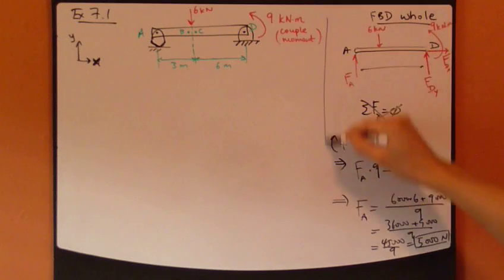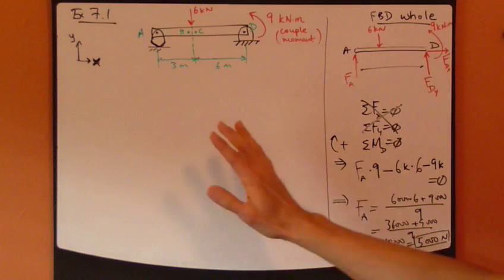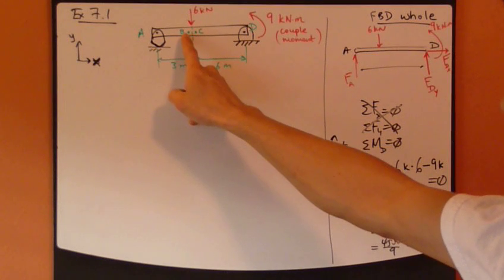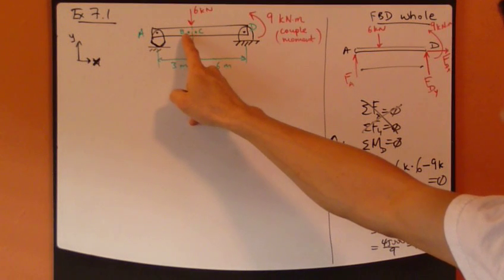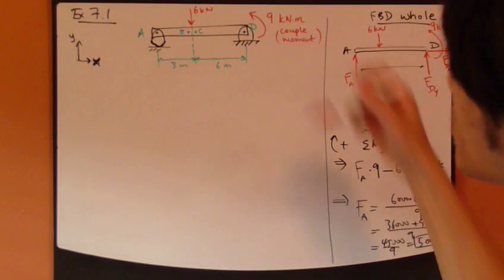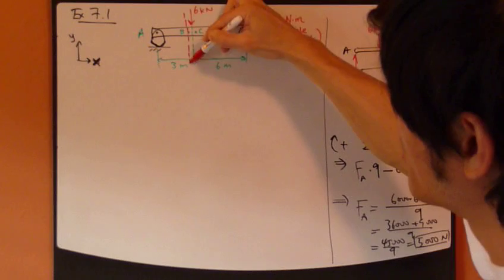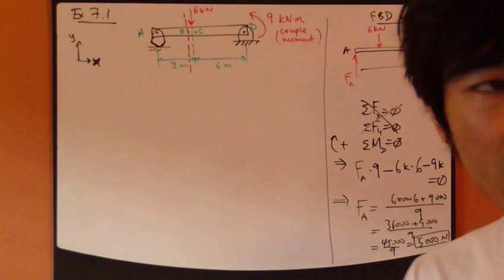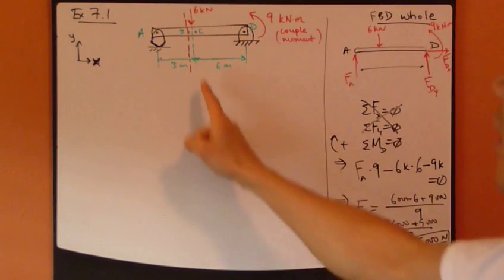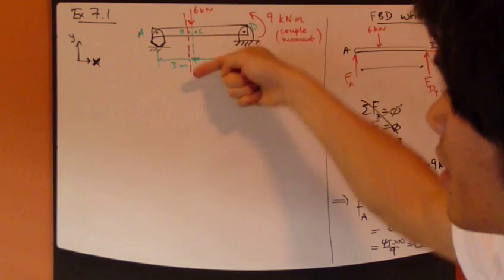Now that I've found FA, I can proceed to the next step and try to find what's going on here at B. So what you want to do is just cut through B. Now B is just left of this section right here where this 6,000 newtons is applied.